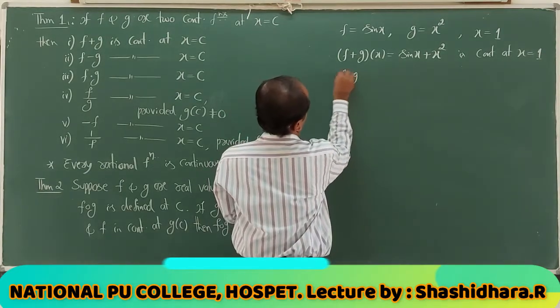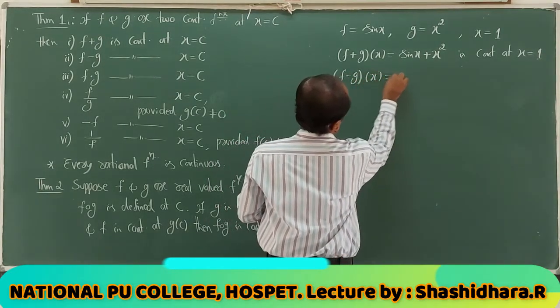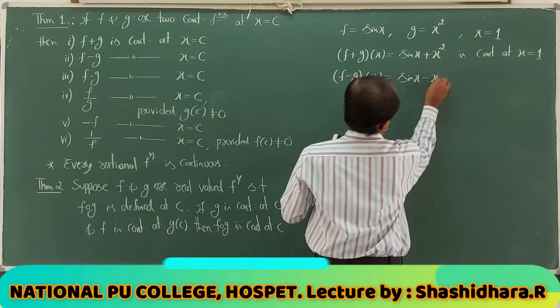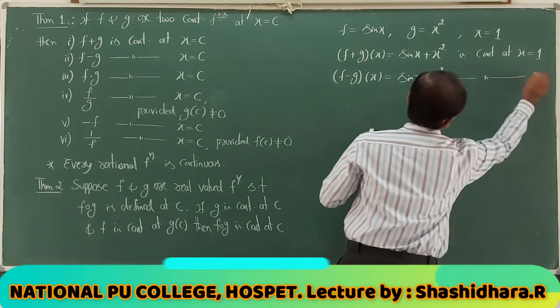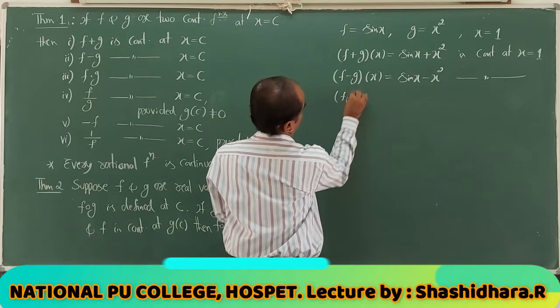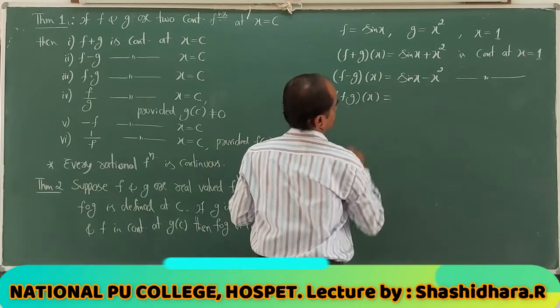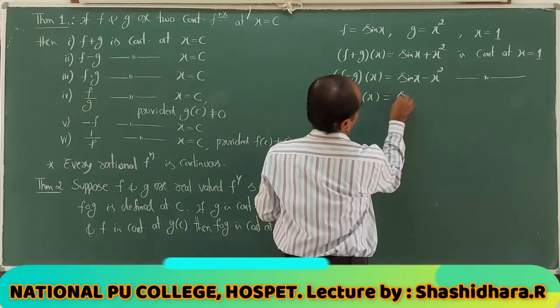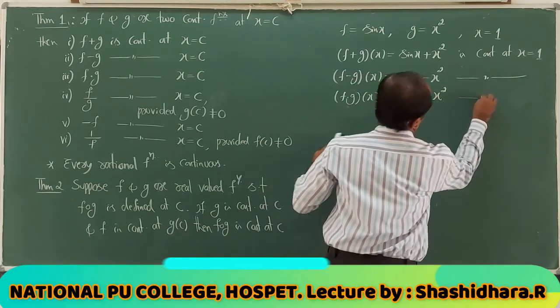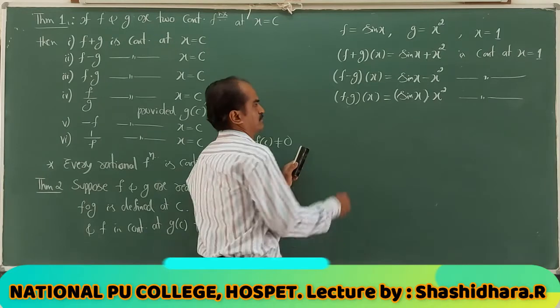Their difference of functions, that is f of x minus g of x, sin x minus x square, is continuous at x equal to 1. Then their product of functions, f of x into g of x, sin x into x square, is continuous at x equal to 1.